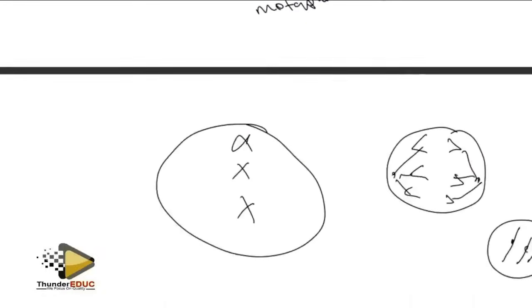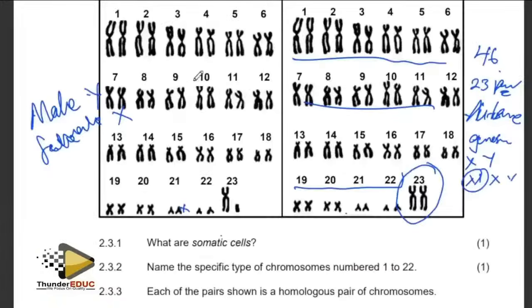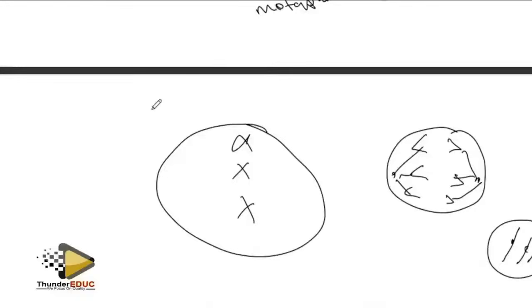The reason why we have meiosis is to halve the chromosome number, because of the doubling effect. You remember the sperm. The sperm will bring 23, and then the ovum will also bring 23.